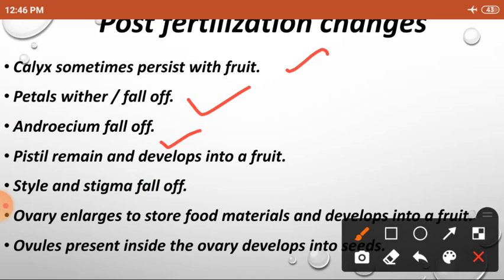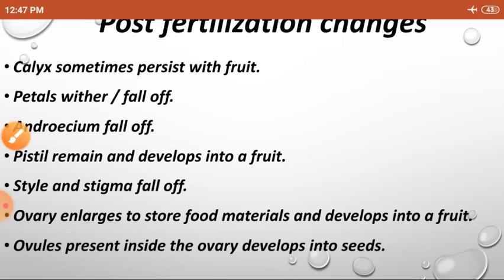Pistil, the female part of the flower, will be there and develops into fruit. The style and stigma, also female parts of the flower, will fall down. But we need the ovary, and the ovule will also be there. That ovary will become a fruit and ovules will become seeds.